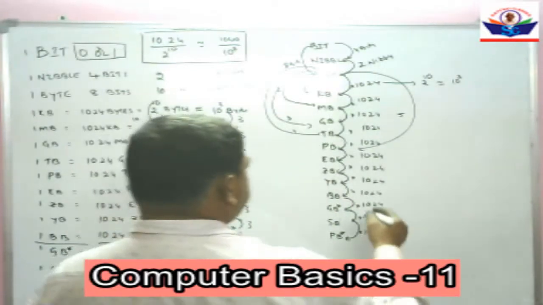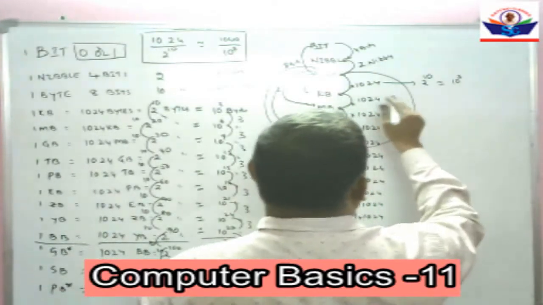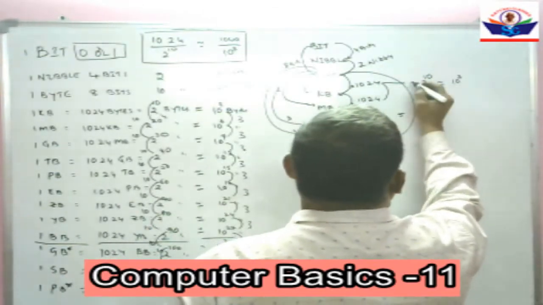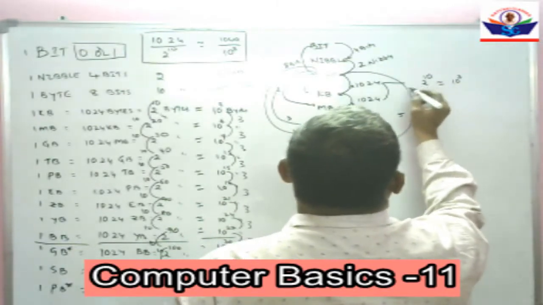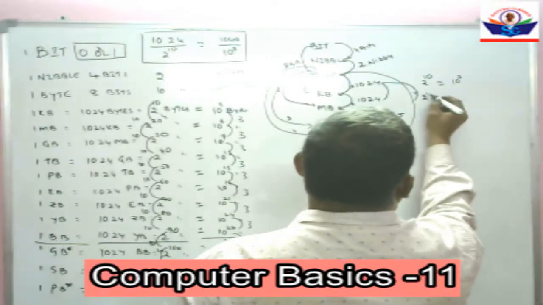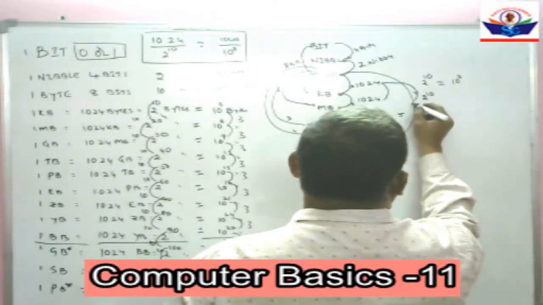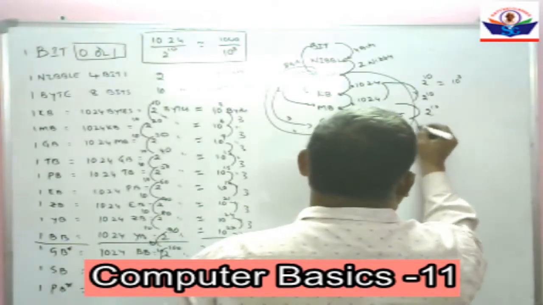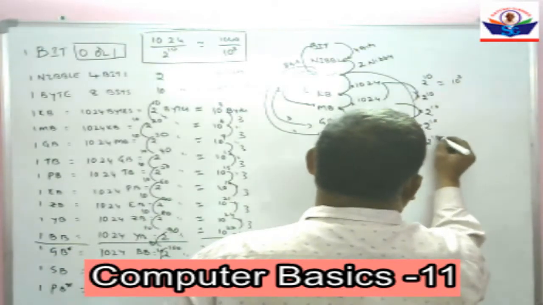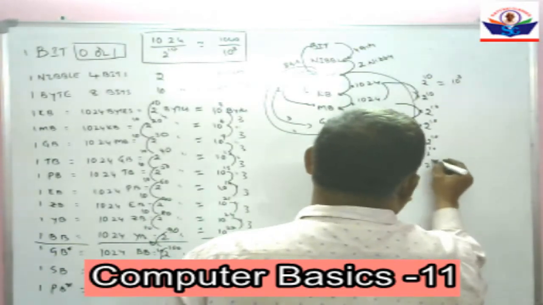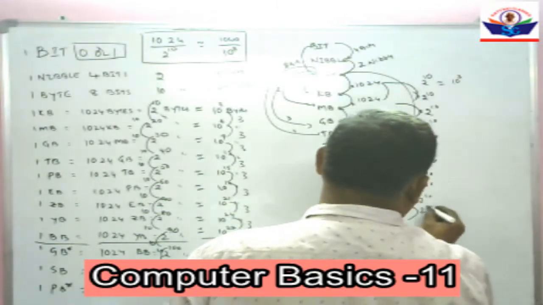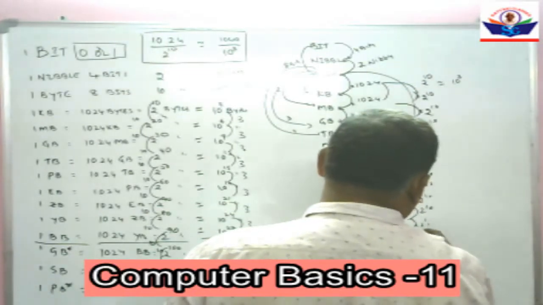That means in place of 1024, we can multiply with 2 to the power of 10 each time, again and again, 2 to the power of 10 for every step.